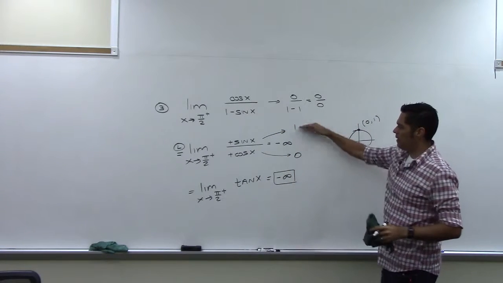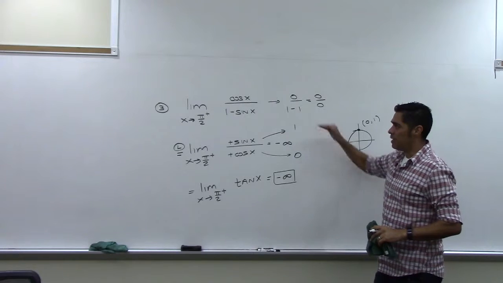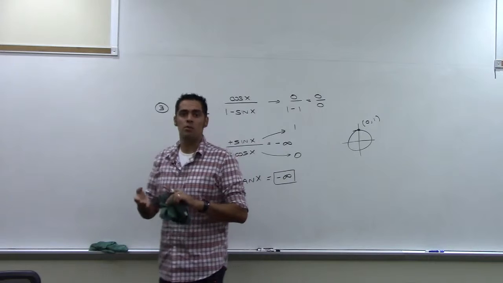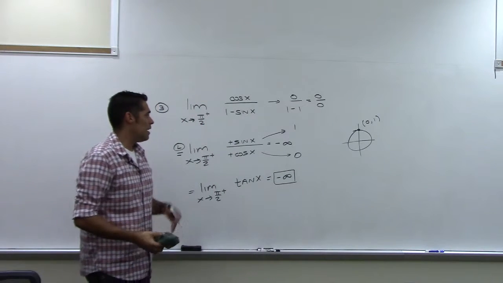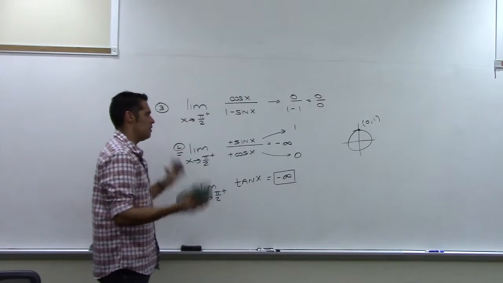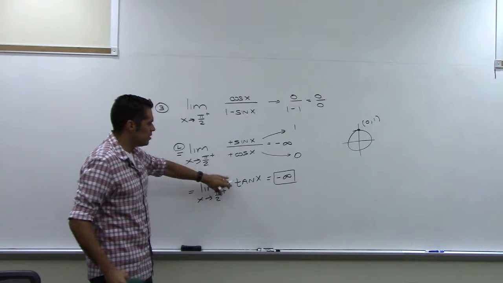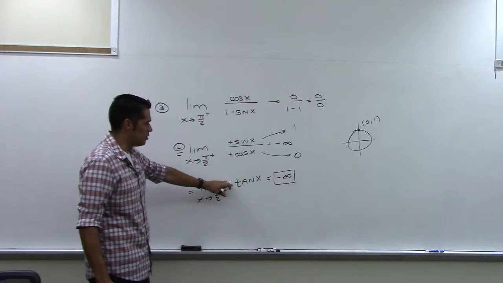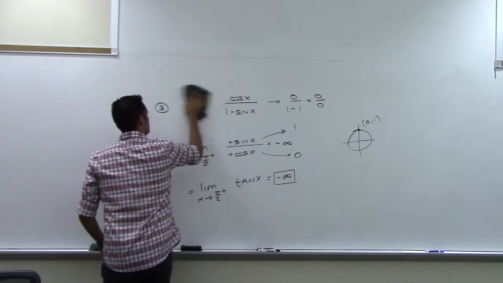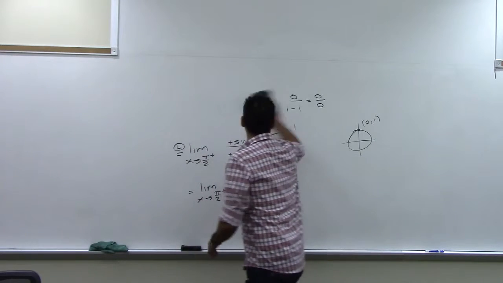So here we have fixed over 0. Anytime we have fixed over 0, remember we had three possibilities: infinity, negative infinity, or does not exist. And that's where you would have to pick a sample point and approach it from the side and see what happens. But I think it was much easier just to look at the tangent function rather than to do the fixed over 0 part. Okay, next one.